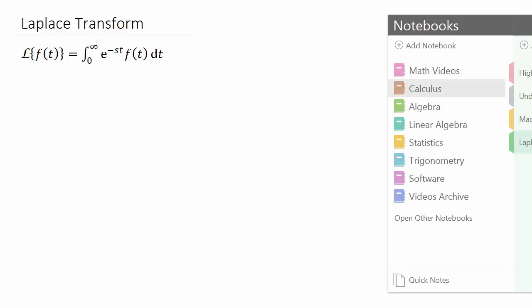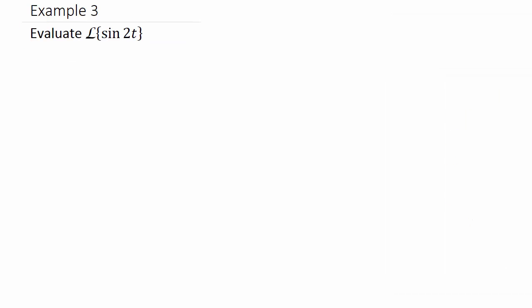Alright, so let's take a look at this example here. I'm going to evaluate the Laplace transform of sine 2t.